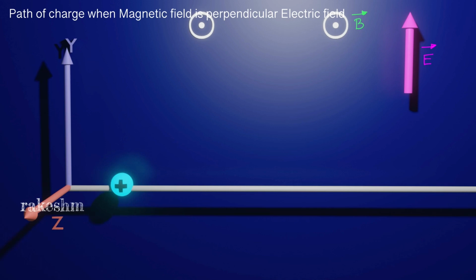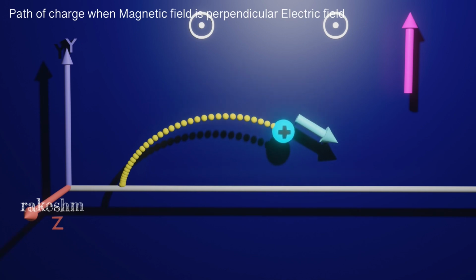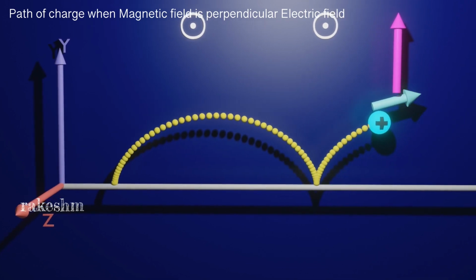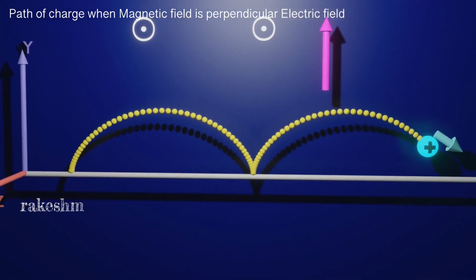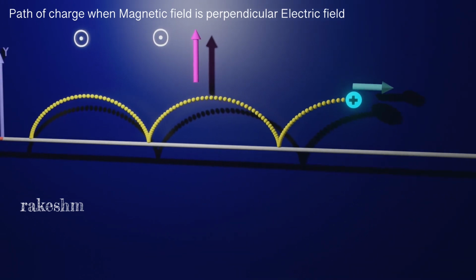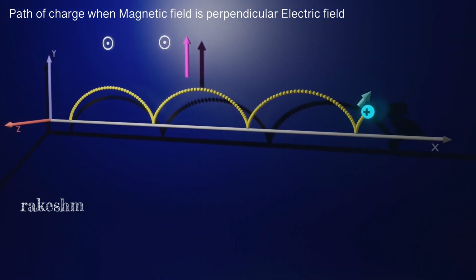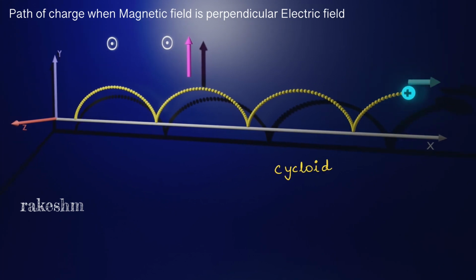Let us now have a look at the path of this charged particle and also the velocity vector of this charged particle. The path of this charged particle is called a cycloid.